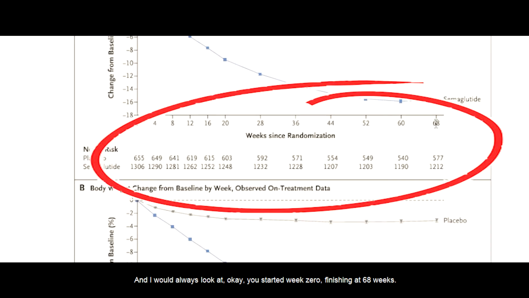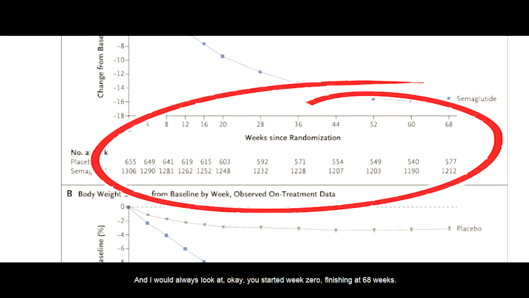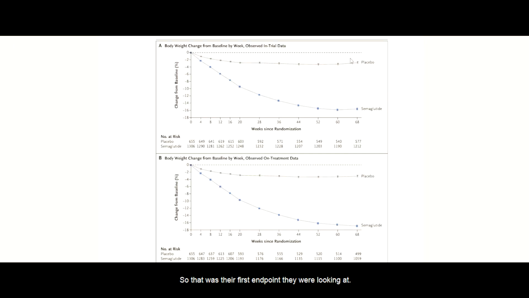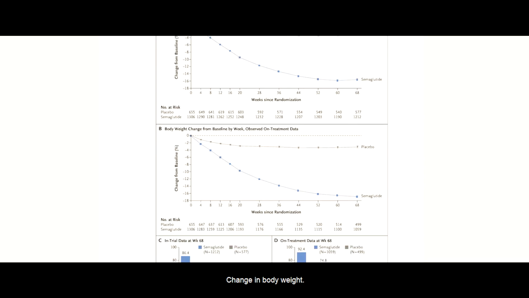And I would always look at, okay, you started week 0, finishing at 68 weeks, which is about 15 months later. How many are still on compared to day 1? And it's not too bad, so that's okay. So that was their first endpoint they were looking at. Change in body weight.